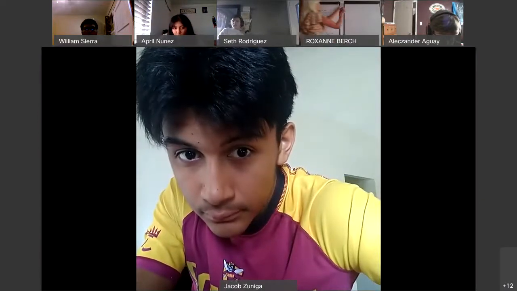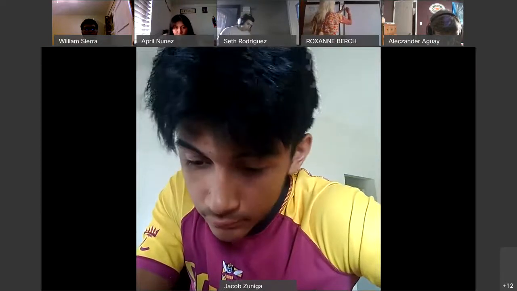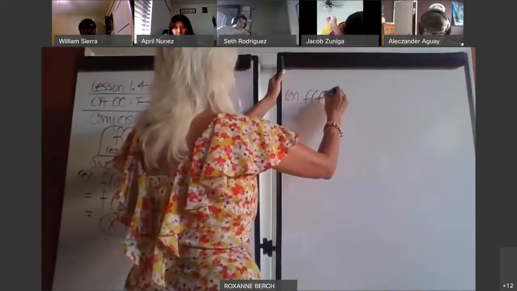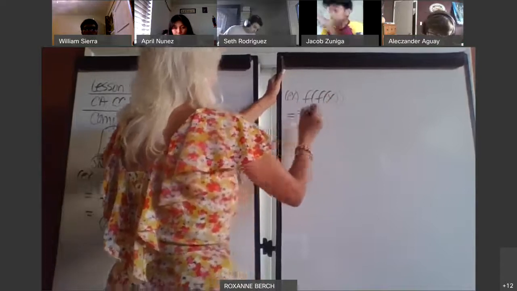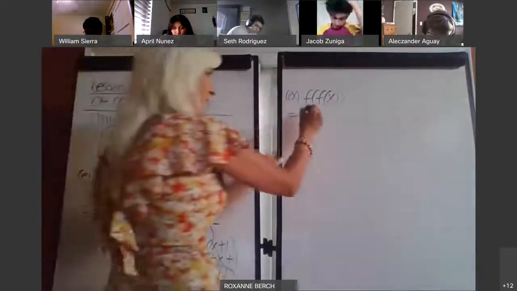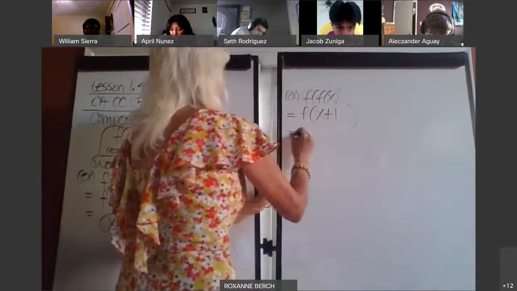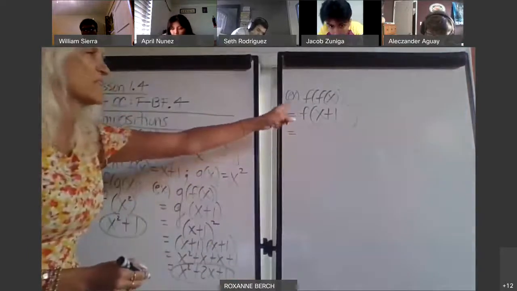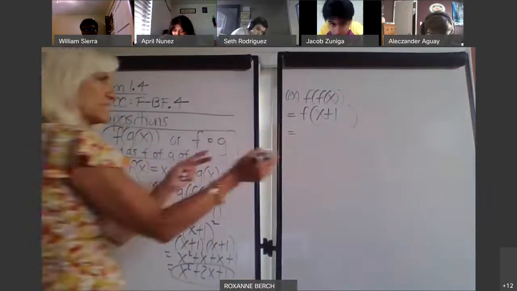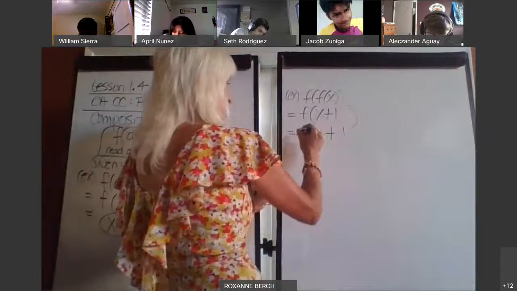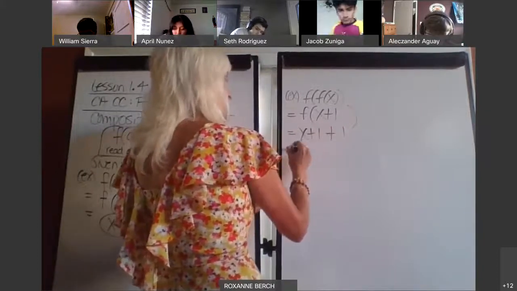Okay, let's do some more. What if you want to do f of f of x? You bring down the f and you put the function in, which is x plus 1. That becomes the x of the f function again. So the f function is something plus 1, and the something now is x plus 1.